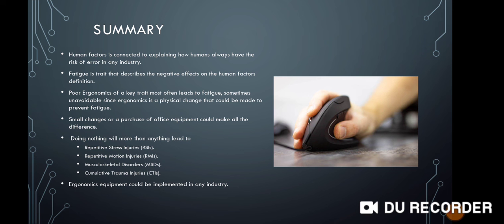Doing nothing will more likely result in the four: repetitive stress injuries, repetitive motion injuries, musculoskeletal disorders, and cumulative trauma injuries. Ergonomics equipment could be implemented in any industry, at home, for personal use, for work use. It's always what fits you as a person, your state of mind, and the physical attributes of your body.